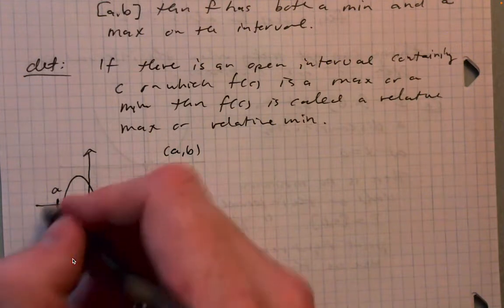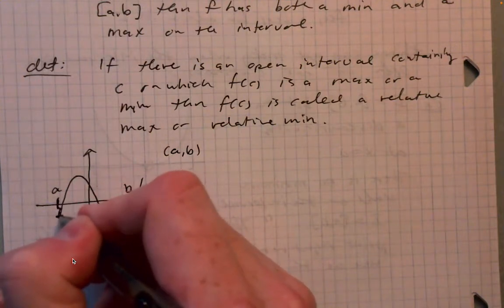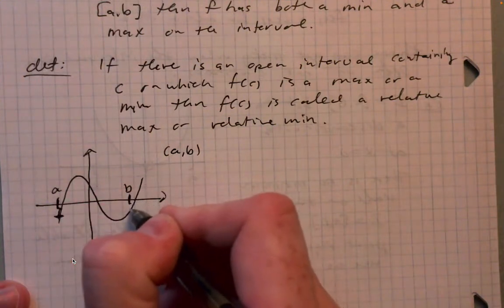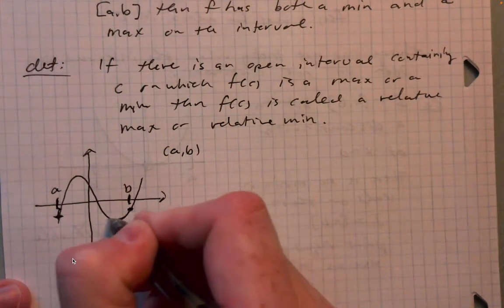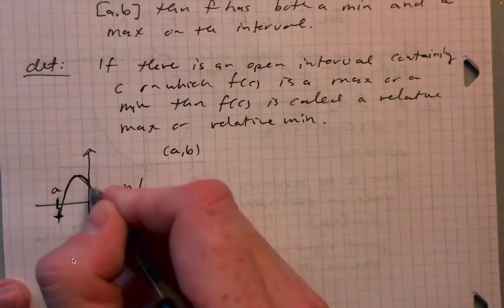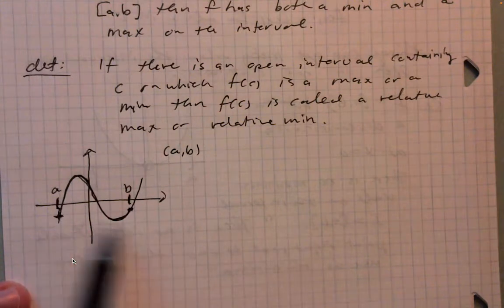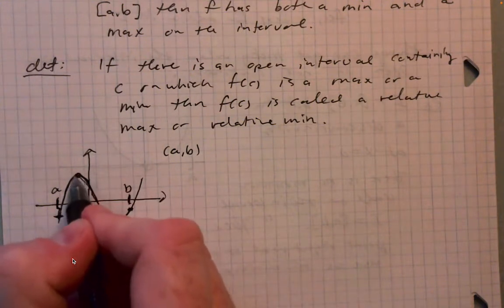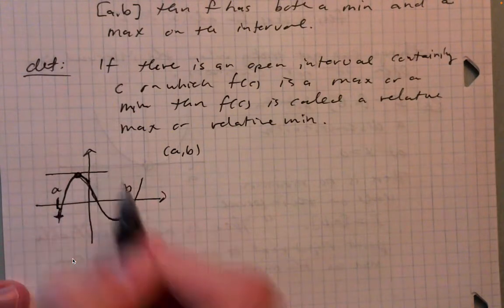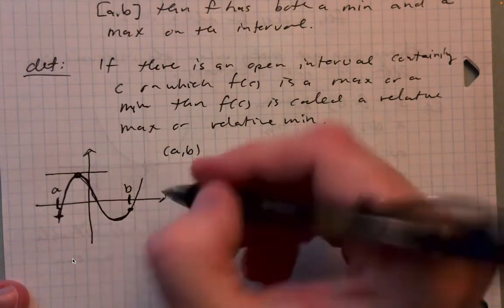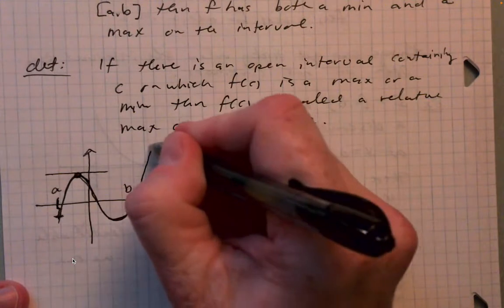So basically between this point here and this point here, this is the part of the function that we're interested in. On that interval, there's a relative maximum here, right up at that point. Now it's not the maximum of the entire function, right?